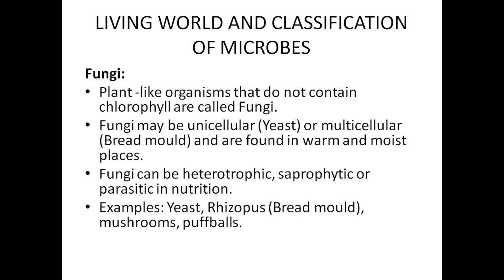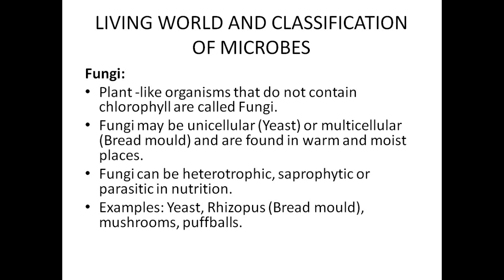The third point given here is that fungi can be heterotrophic, saprophytic, or parasitic in nutrition. Mostly fungi is saprophytic in nature, but a few times it has been seen to be heterotrophic or parasitic in nutrition. You should understand that fungi is mostly saprophytic because it grows on dead and decaying plants.